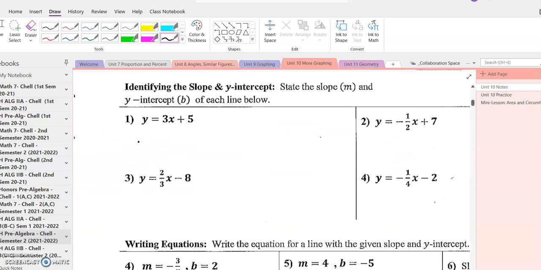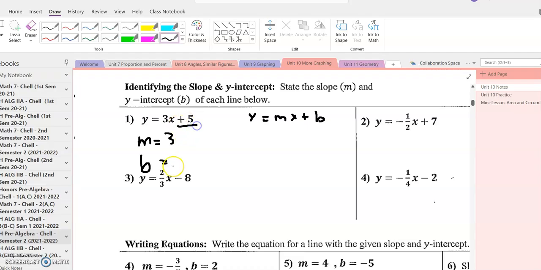Looking at this here, slope-intercept form is always y equals mx plus b. So just quickly identifying slope and y-intercept. For this first one, the slope, m, is just 3. It's the number being multiplied by x. The y-intercept is always whatever's being added or subtracted at the end.